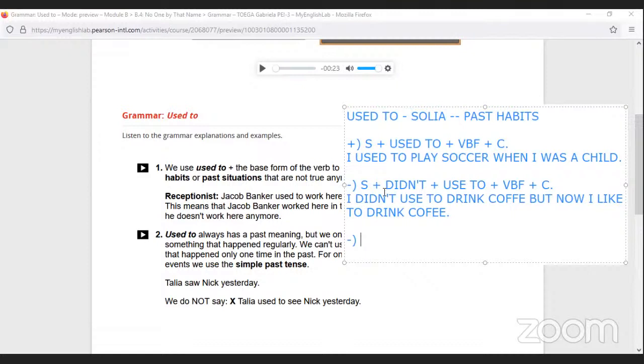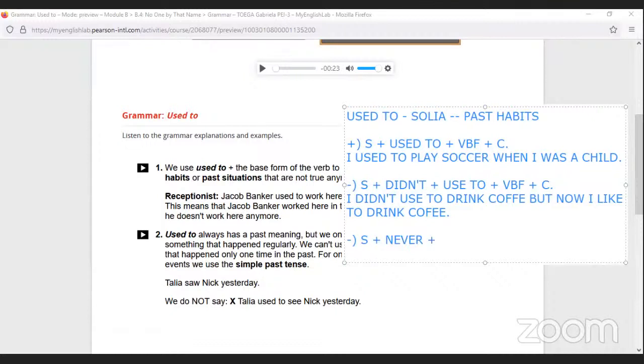This is the first one, the normal way. And this is the other one, when we use emphasis, like a strong sentence. In this case, we don't use didn't, we use the subject, but we use never in order to make it stronger.